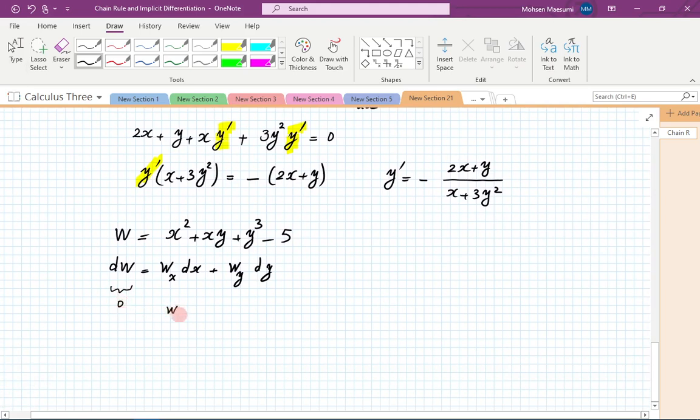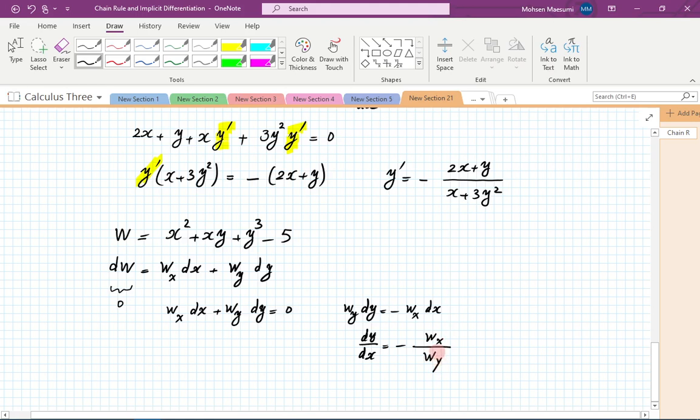So in that case I will have Wx dx plus Wy dy is equal to 0. Now I can write this as Wy dy is equal to minus Wx dx. Cross multiplying, I will have dy dx is equal to minus Wx over Wy.